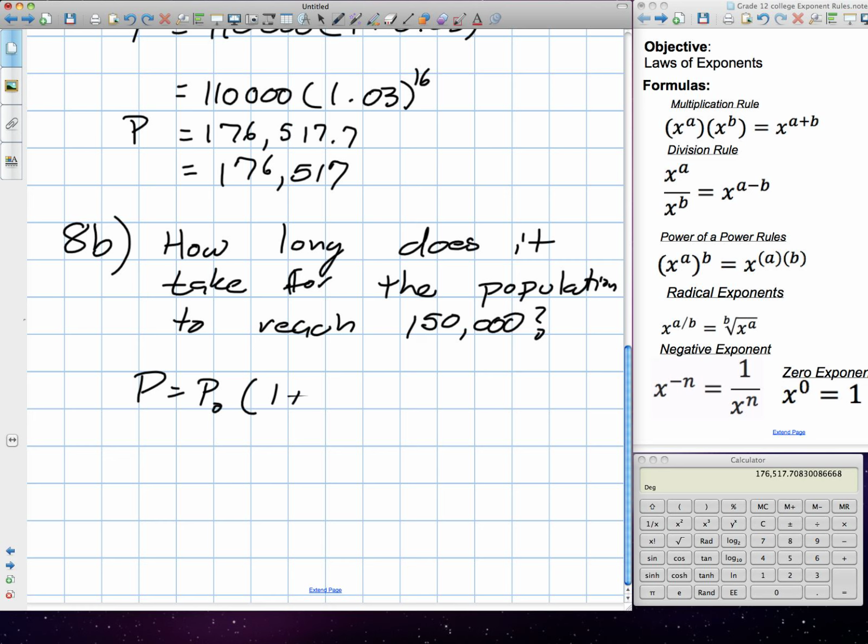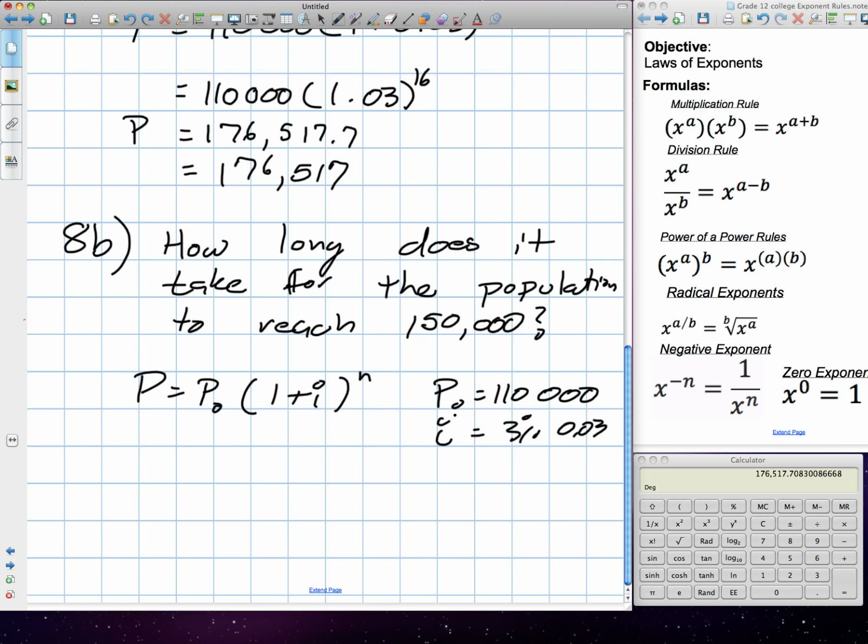So let's define ours. Now remember our starting population was 110,000. We know our interest rate was 3%, and as a decimal it's 0.03. And they're asking us for the population to reach 150,000. So that's when P is equal to 150,000.